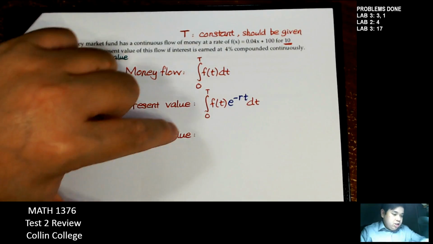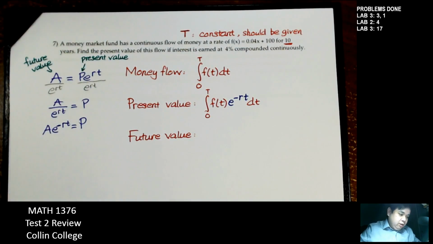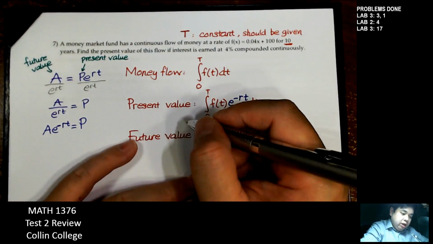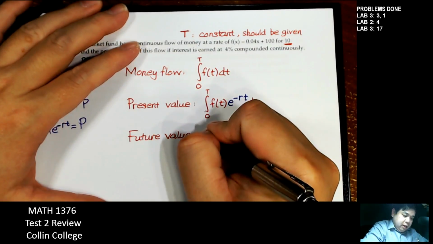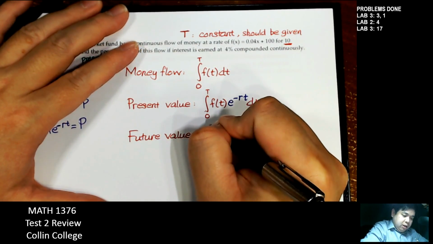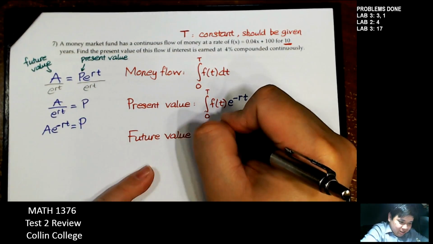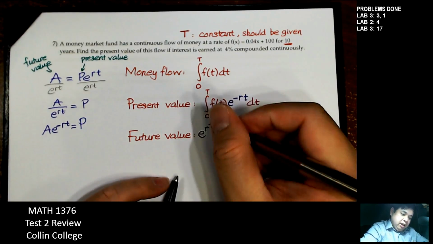The future value will be just the present value times this, which is the original formula here for the future value. So we will multiply by e to the r, but this time it is the capital T, and then the integral.